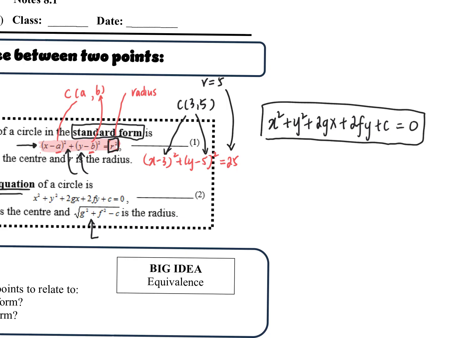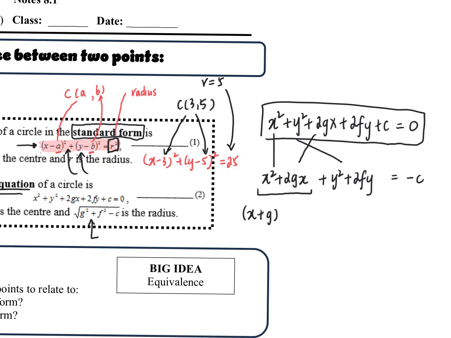Complete the square. So if I rearrange this, I write these two separately, put the y's together, and the constant I just shift to the other side first. To complete the square for this one, I will halve this number, so it becomes plus g, and then you always minus the other pair squared.